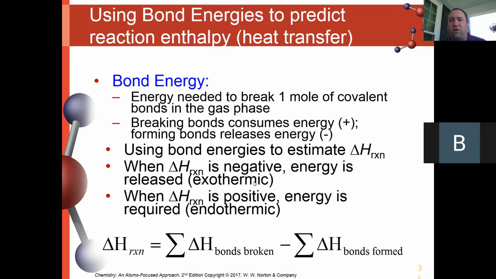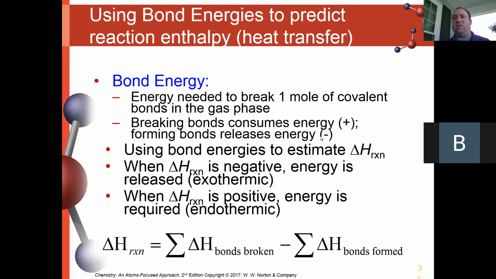That's an exothermic process. So through the bond energies, we can estimate delta H. And the conventions we've talked about as far as our sign are concerned apply here as well. Breaking bonds requires an input of energy. Input of energy is a positive energy.